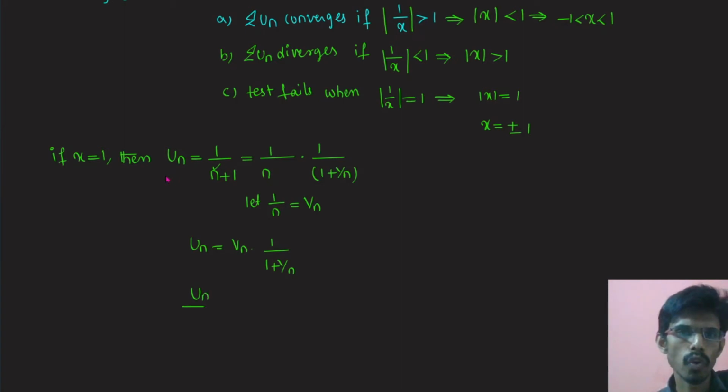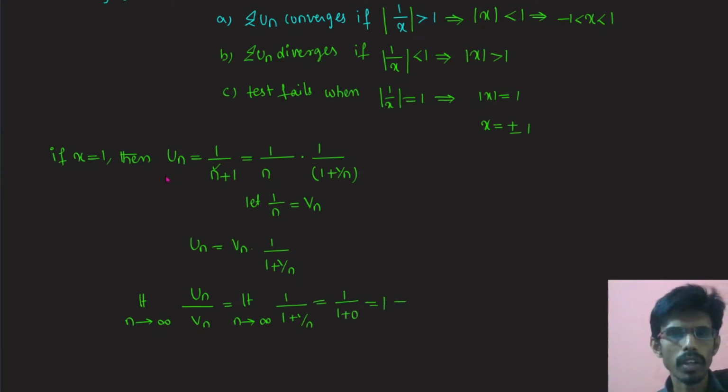Take the ratio of un by vn, that will be 1 by 1 plus 1 by n. Apply limit n tends to infinity on both sides. Here I am applying the comparison test. So this will become 1 by 1 plus 0.